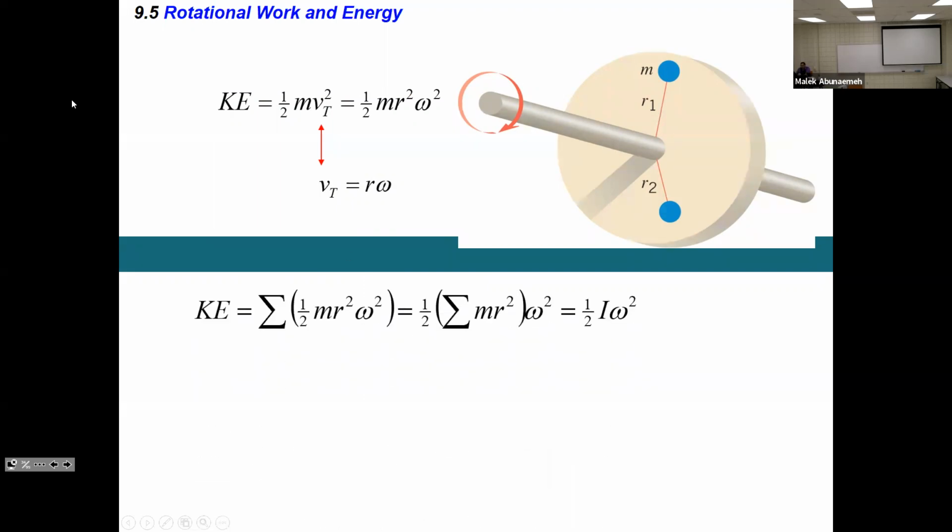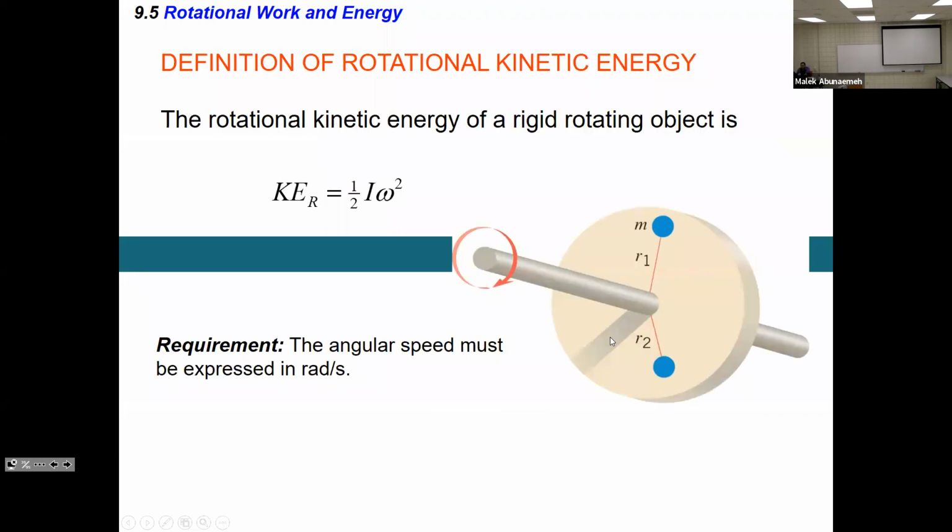But m r squared, that's your moment of inertia. So your kinetic energy equals 1/2 I omega squared. So your rotational kinetic energy of a rigid rotating object is 1/2 I omega squared. Now the angular speed must be expressed as radians per second.